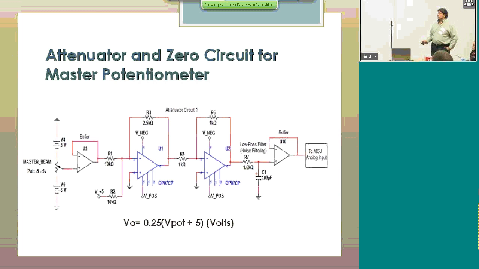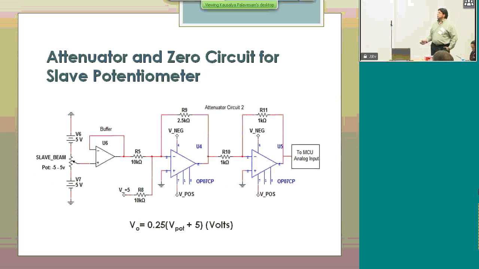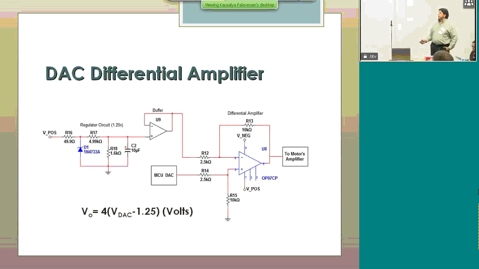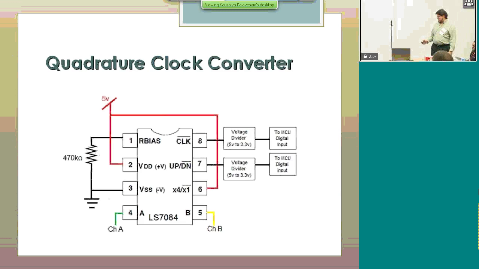So the students had to do some attenuator circuits for the potentiometers because they go from +5 to -5. They have to attenuate it and make it, I think it's 2.5 volts, the input of the microcontroller. Same thing has to be done for the slave potentiometer, and this is the analog to digital converter to the amplifier.